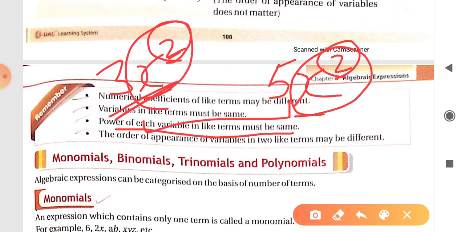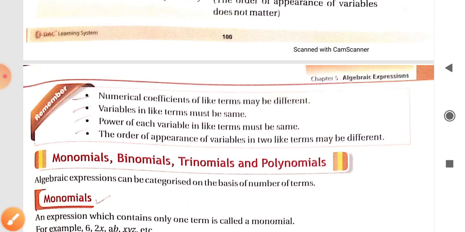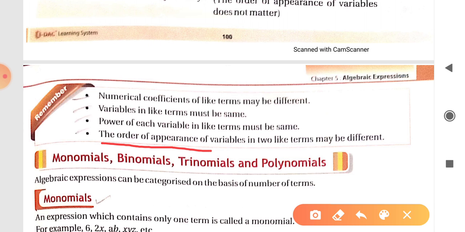If one has power 2 and the other has power 3, then these are not like terms because the power must be the same. The last point is that the order of appearance of variables in two like terms may be different.